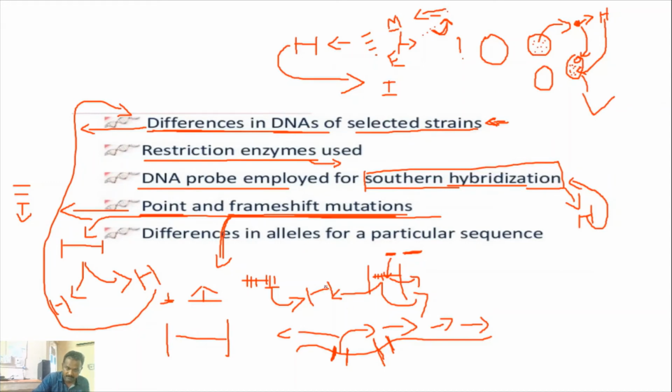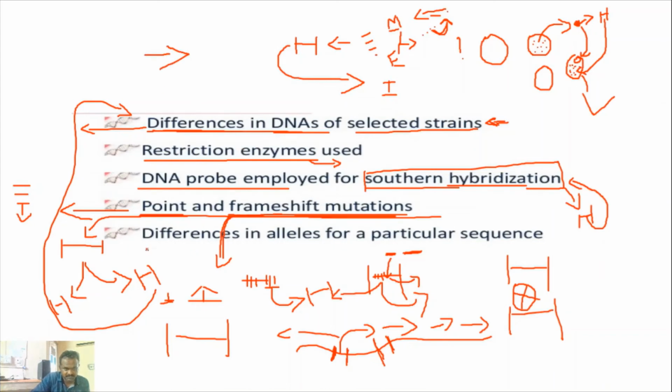Second years, please keep on studying linkage and recombination. These are very interesting principles behind genetics. Please keep on reading. So this frame shift mutation is identified with the RFLP. These are the times we can do the RFLP.